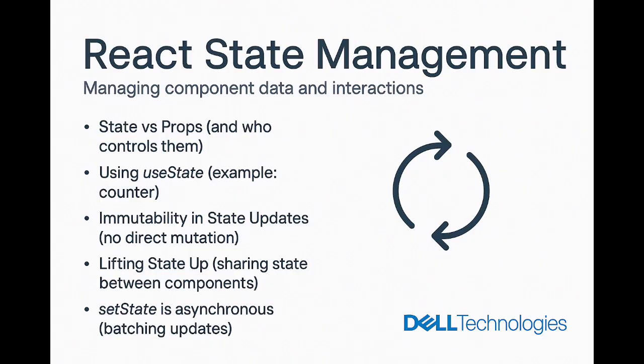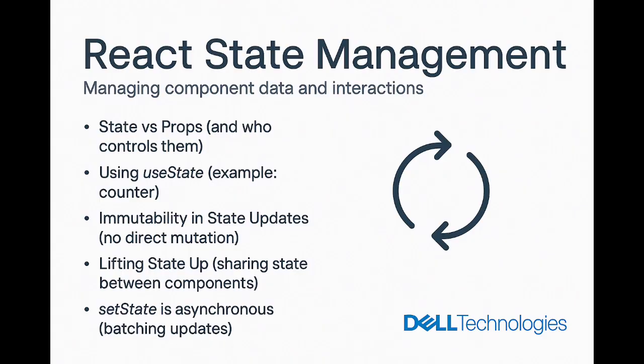For instance, a form component might have const [firstName, setFirstName] = useState, const [lastName, setLastName] = useState, const [email, setEmail] = useState. This is often clearer than one state object with first name, last name, email, that you then update with an object. But both approaches are valid.